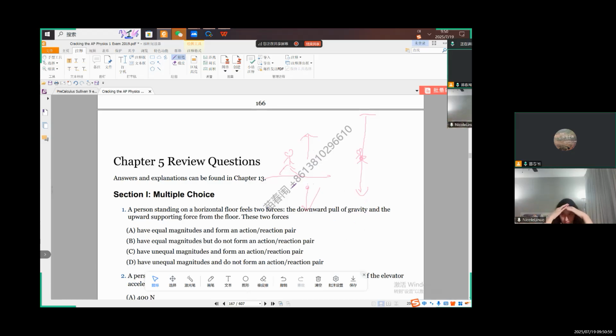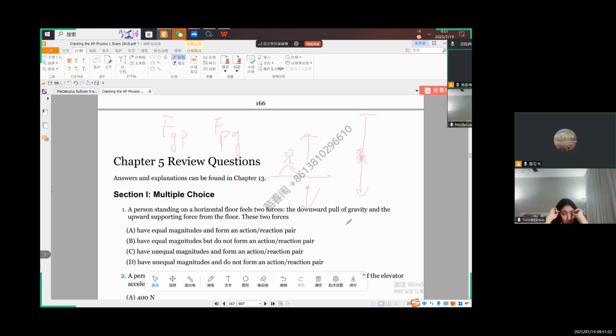Let me just write force, ground and person, or force person to ground. So they are action and reaction pair. Does that make sense? From ground to person, or from person to ground, they are an action and reaction pair. And these two are on one object, which is not okay.